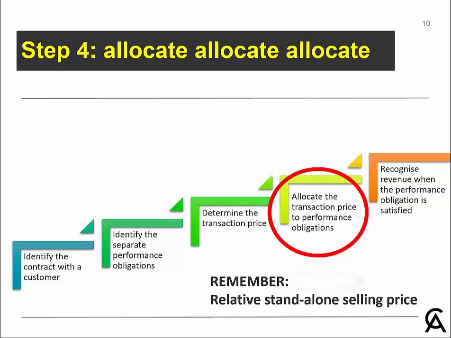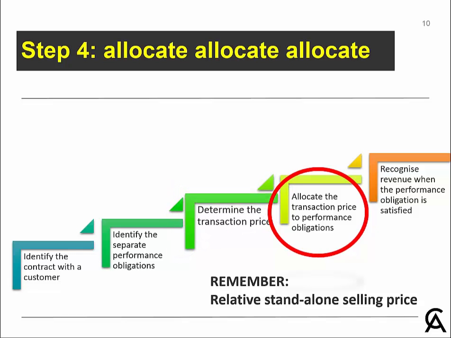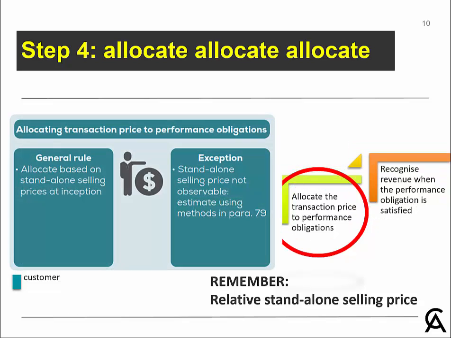There are always some exceptions. And sometimes we might also allocate variable consideration or discounts to a single performance obligation rather than to every single one. But start with the golden rule. The first example at the start of Unit 3 gives you a straightforward look at how this basic allocation works.